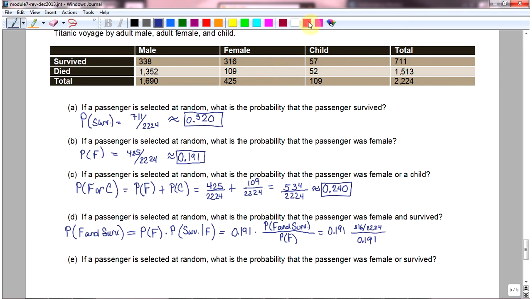So those are going to cancel out. And when you do that division in your calculator, 316 divided by 2224, that will be approximately 0.142.